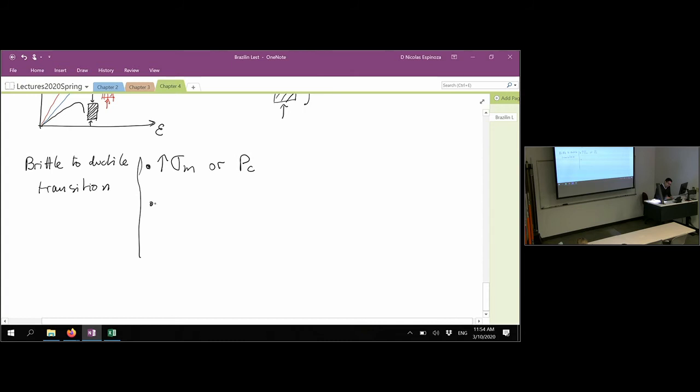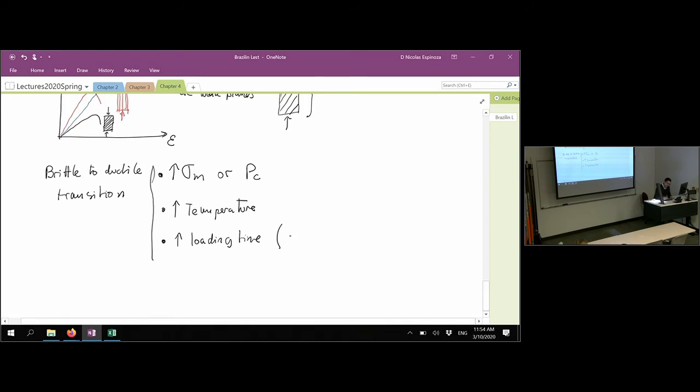It's favored by increasing the temperature. That's more or less obvious. It is favored by increasing the loading time, or which is the same, by decreasing the loading rate.